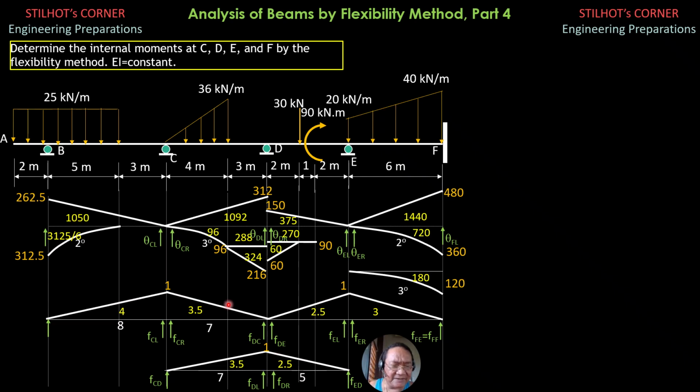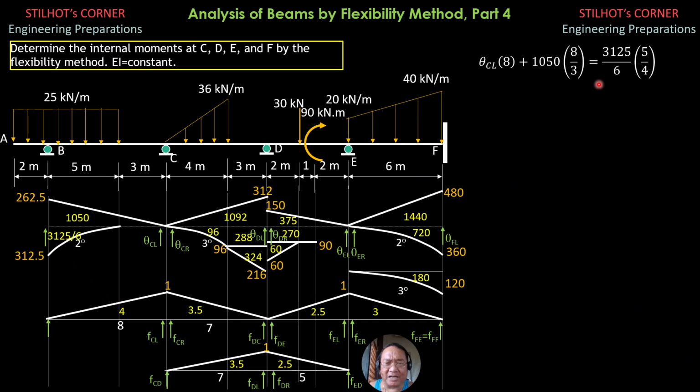So first, let's evaluate theta C left considering BC, and we sum up moment about B. So theta C left times 8 plus 1050 times 8 thirds moment arm equals 3125 over 6. That's already area. Moment arm is 5 over 4.